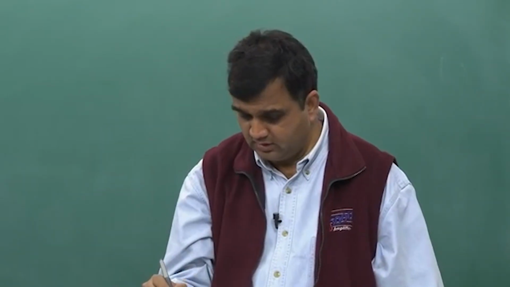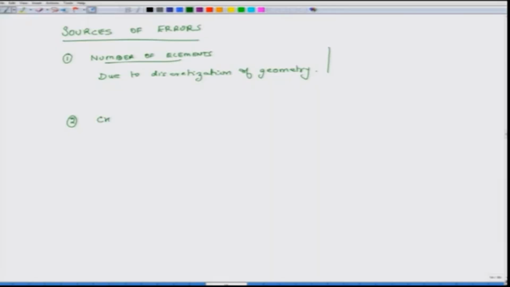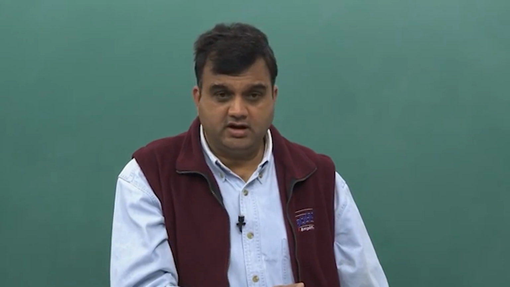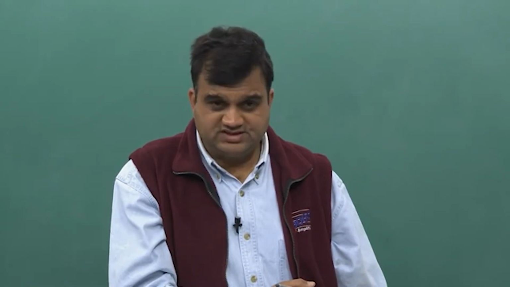we had seen, the type of interpolation functions we choose. Okay. So choice of interpolation functions. In general, we saw in the context of the example we discussed earlier that if we have a higher order interpolation function, then the error tends to be less.